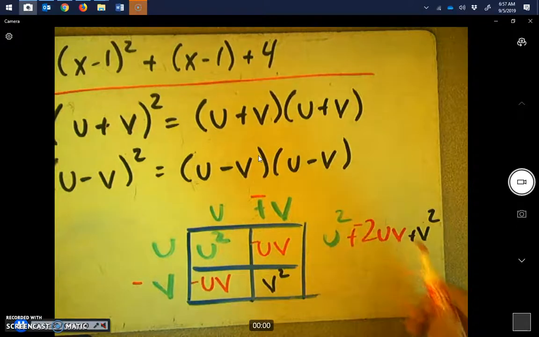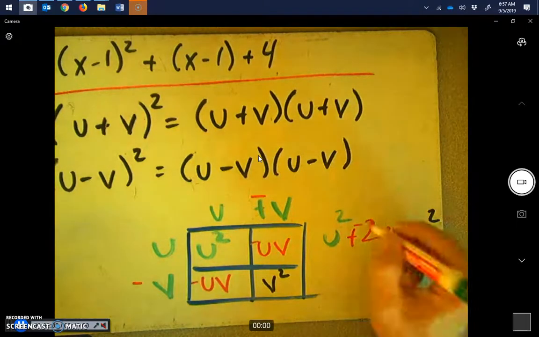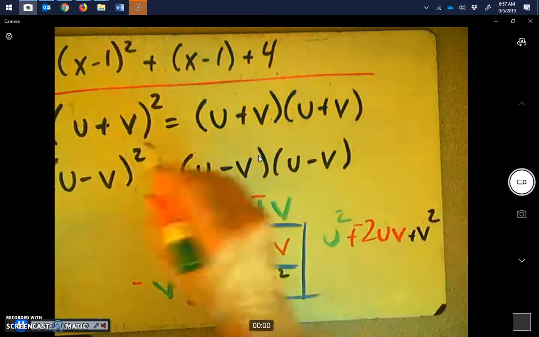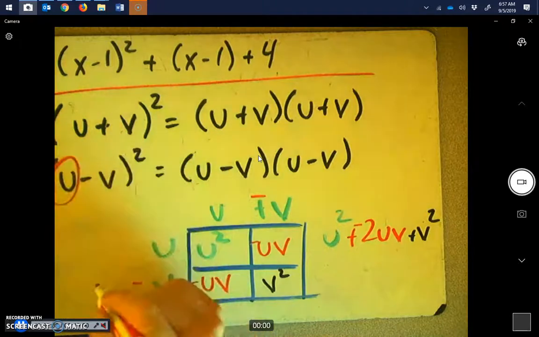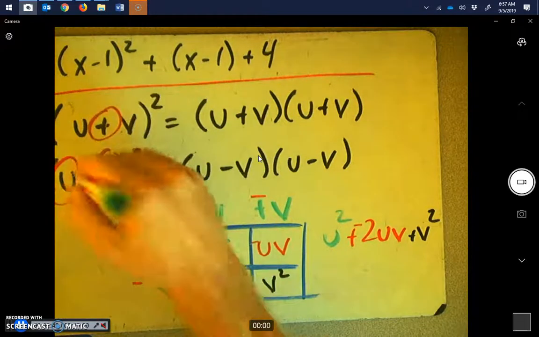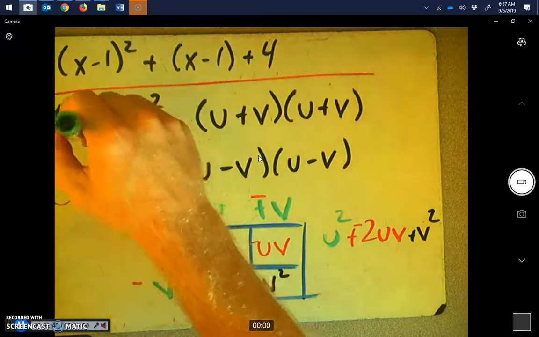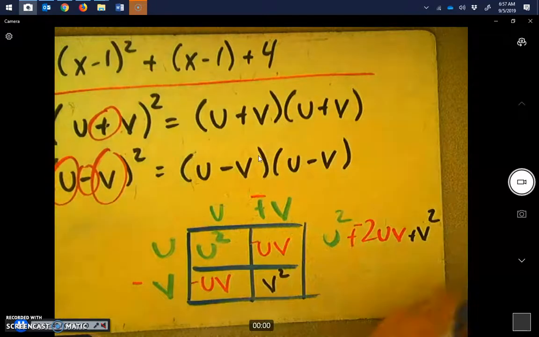So the only thing that's changed is this middle term goes from positive to negative. So if you have (U plus V) squared or (U minus V) squared, it's going to be the U squared and the V squared, and the middle is just dependent on the sign. You're going to have two UVs, U times V, whatever that is.